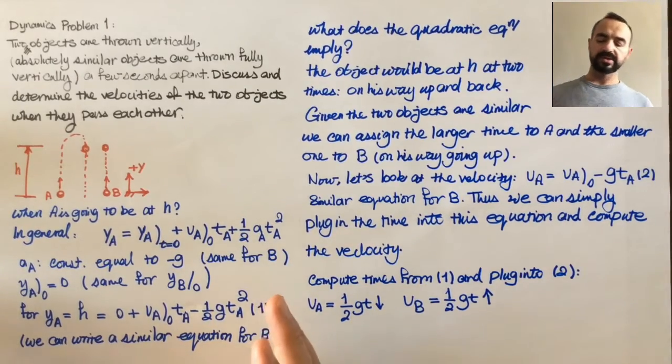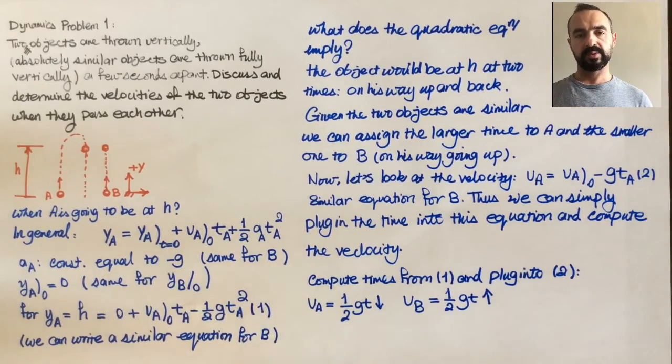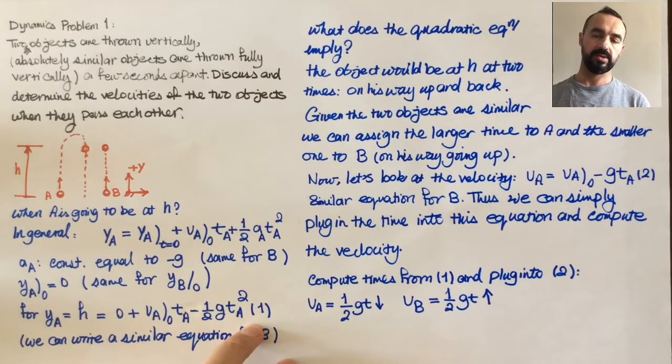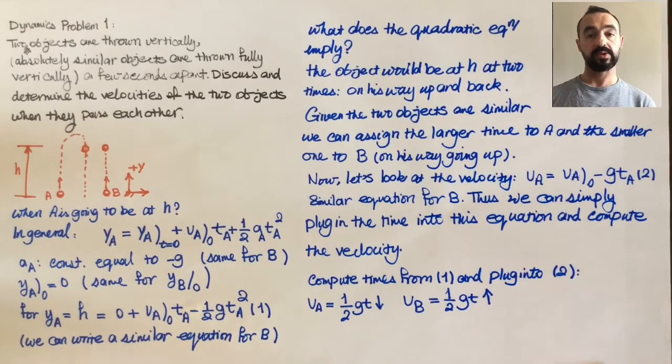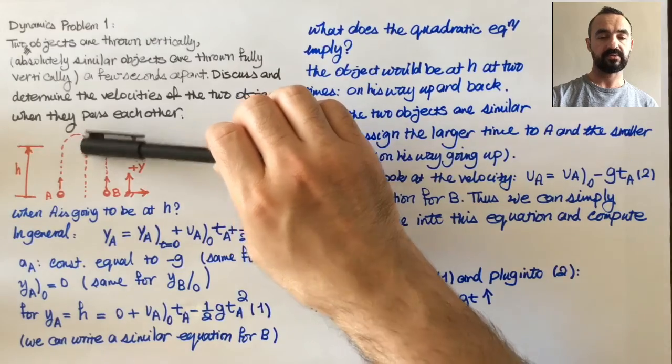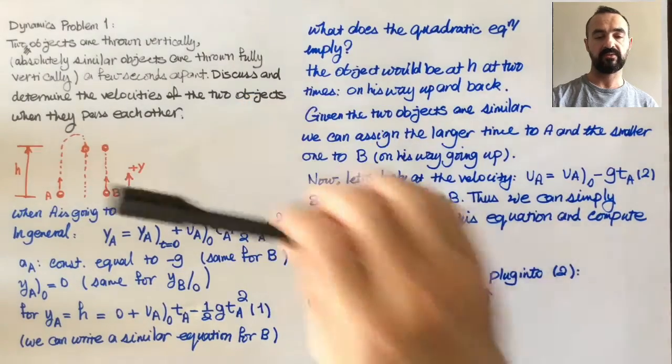Once you use the quadratic equation to compute the times, the larger time is the time it takes for A to go through this path, and the smaller time is for B to go from here to here.